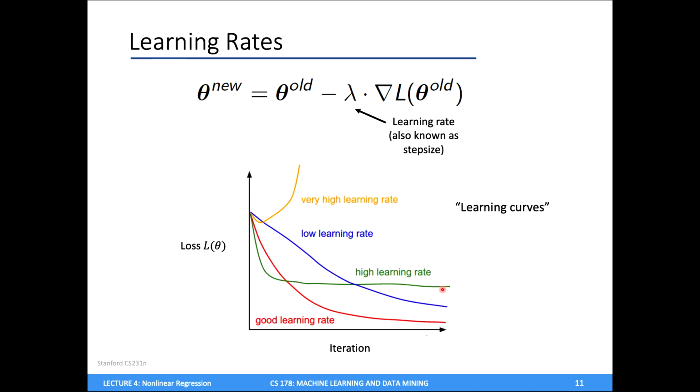We're not able to land in the bottom of that bowl-shaped function, just because we're taking steps that are far too large. And our optimal learning rate, of course, decreases fast and decreases to a low value of the loss. So plotting these learning curves can be a nice way of visualizing and diagnosing if your learning rate is too large, too small, etc.